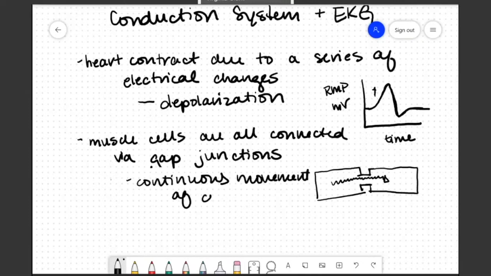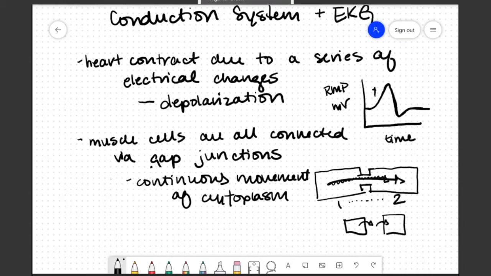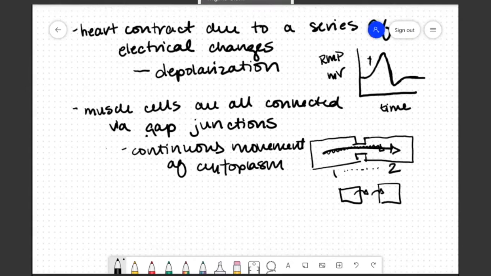So with the cytoplasm moving from one cell to the other, whatever happens in cell 1 happens very quick in cell 2 because it doesn't have to cross over a plasma membrane through a space and into the plasma membrane of another cell. It is rapid and quick, and communication can happen like that, which is what you want when you have your heart contracting and this series of electrical changes.